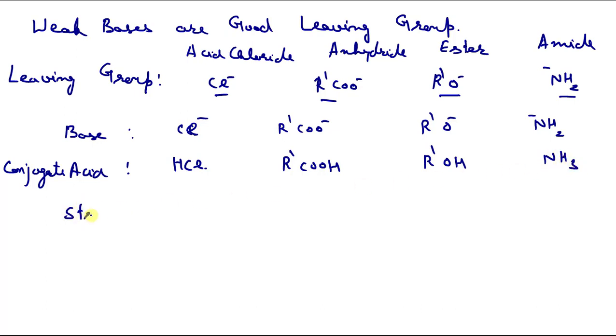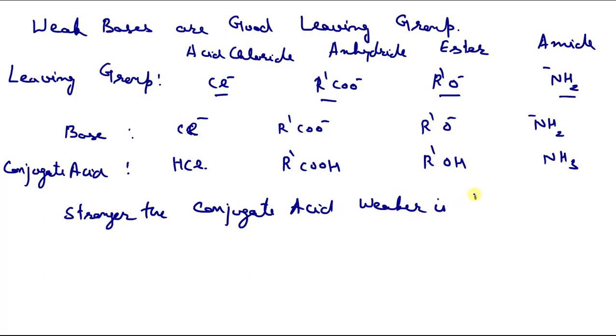Now the stronger the conjugate acid, the weaker is the base. We know that HCl is a stronger acid than carboxylic acid. Carboxylic acid is a stronger acid than alcohol, and alcohol is a stronger acid than ammonia. Now if HCl is the strongest acid, then Cl negative will be the weakest base.